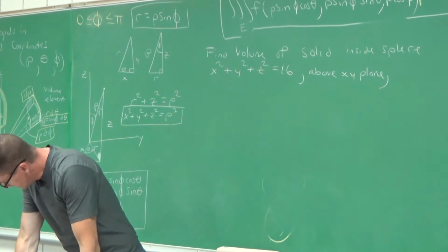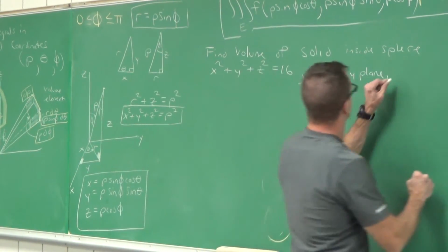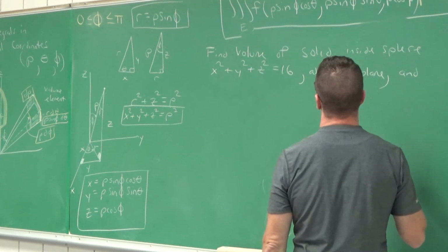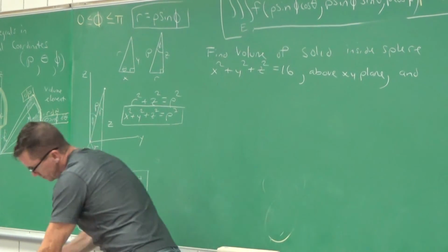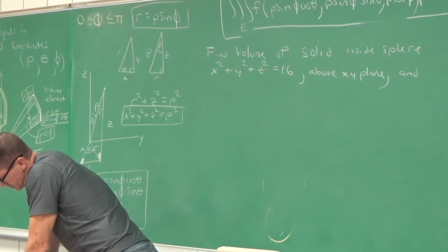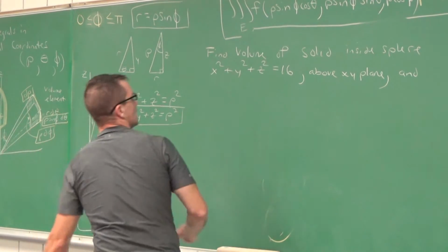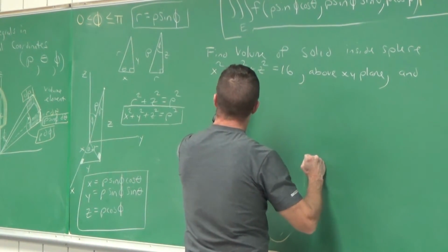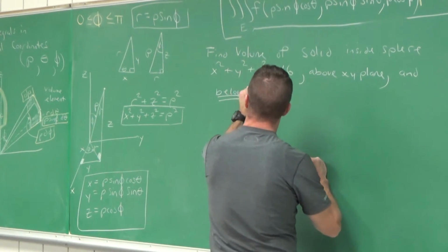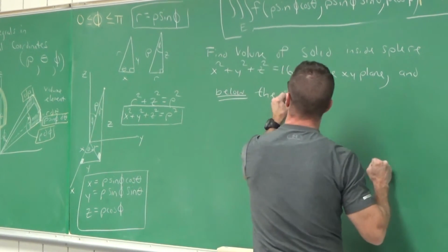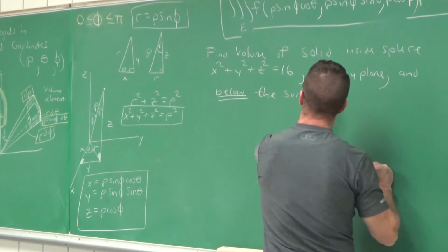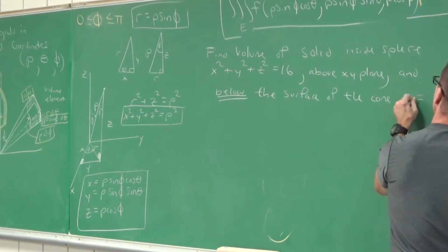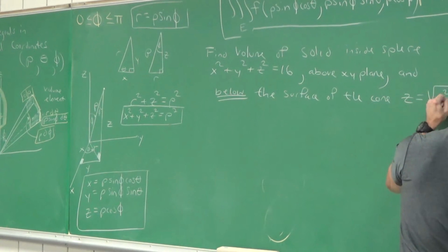And below the surface of the cone, z equal to the square root of x squared plus y squared.